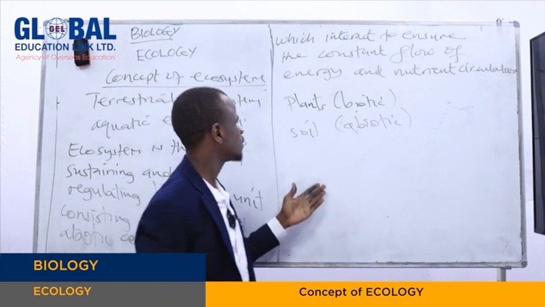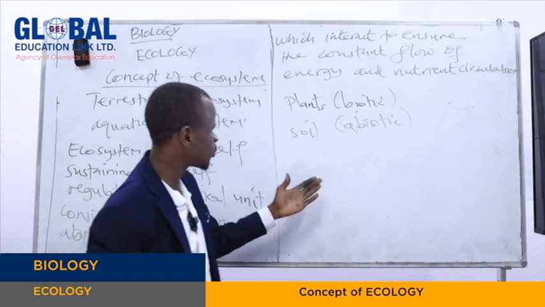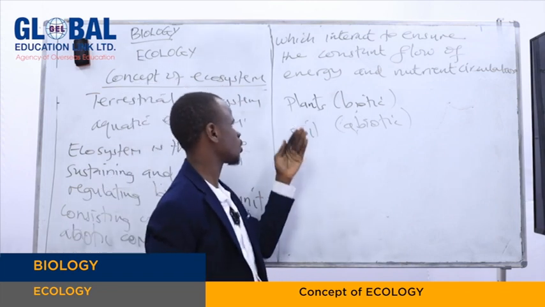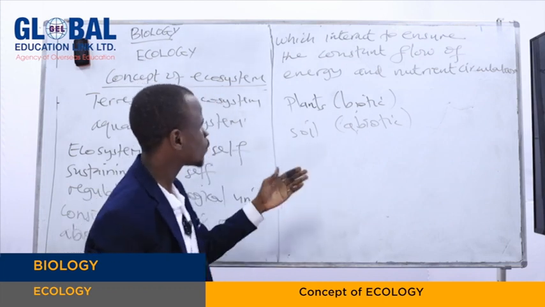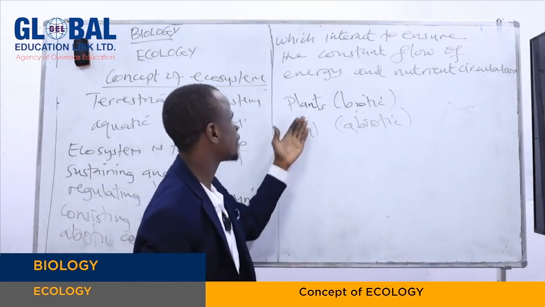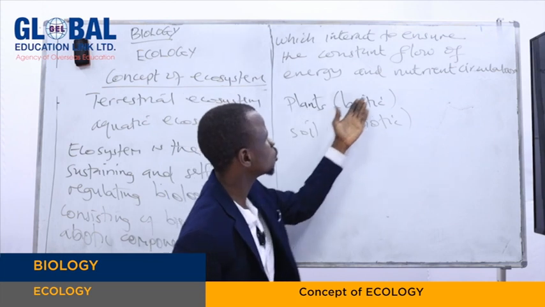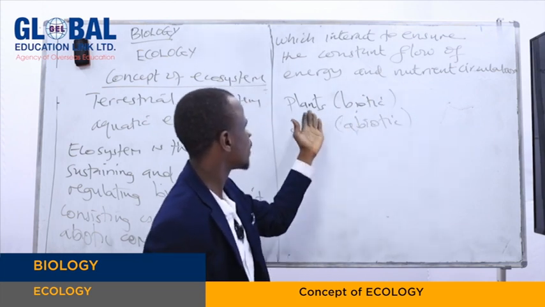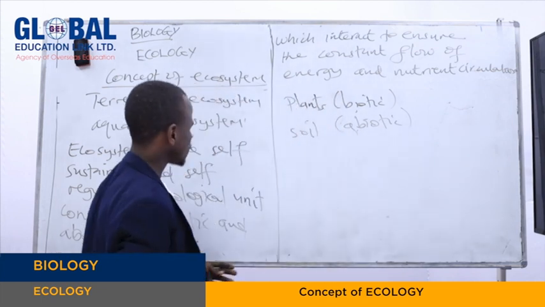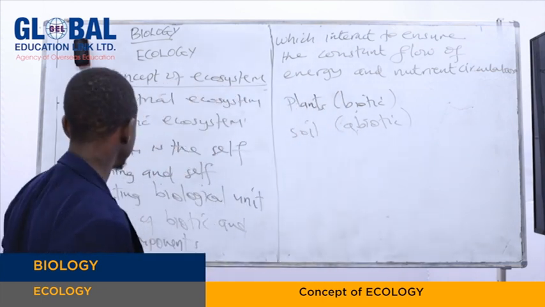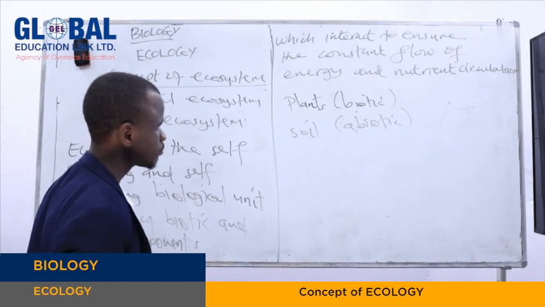A plant takes nutrients such as nitrogen and phosphorus from the soil. Therefore, water from the soil is absorbed by a plant to ensure nutrient circulation. A plant will be eaten by animals. Therefore, they are always in interaction.